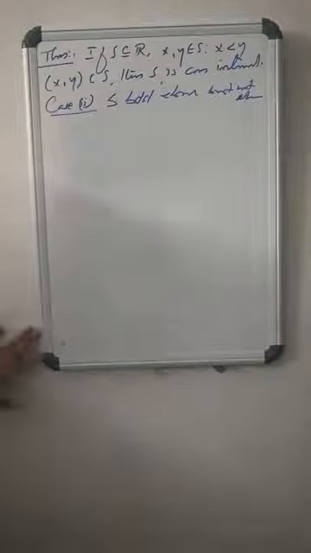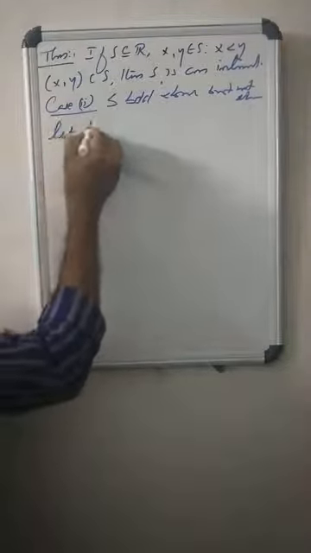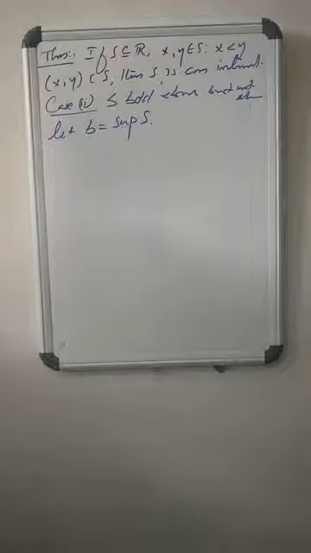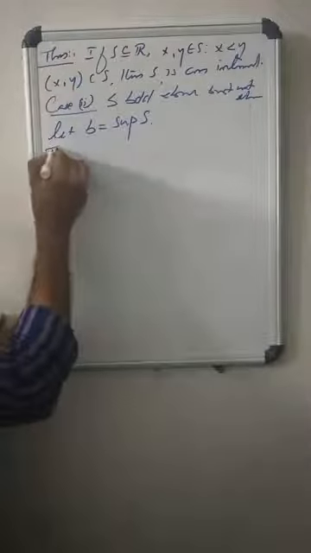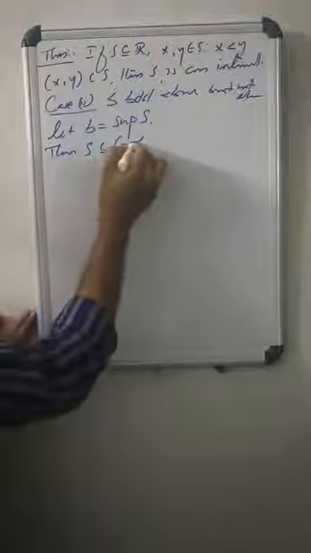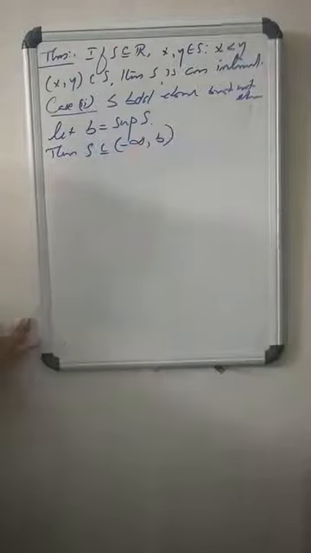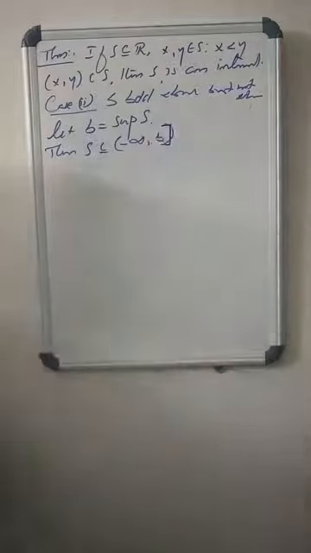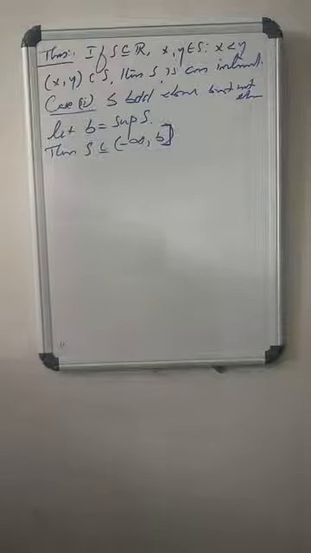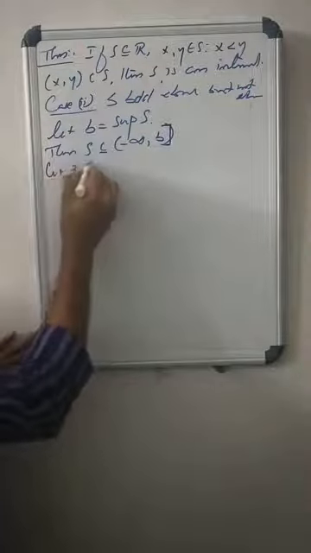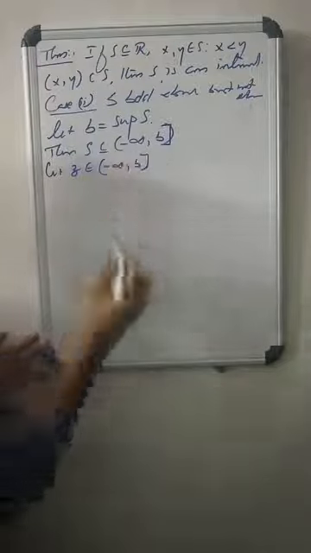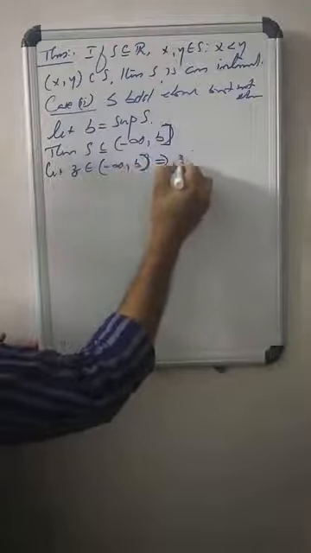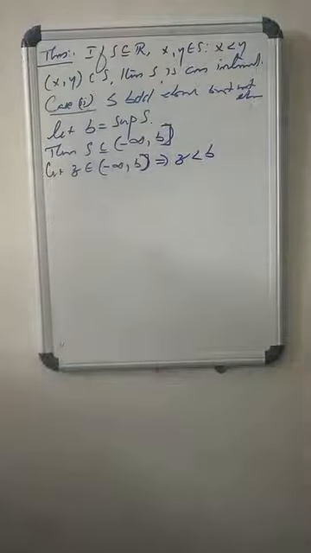So S is bounded above, and let B equal the supremum of S. Then S is a part of the interval (-∞, B]. Let us take z in (-∞, B), that means z is strictly less than B.